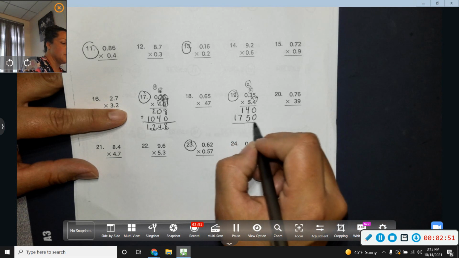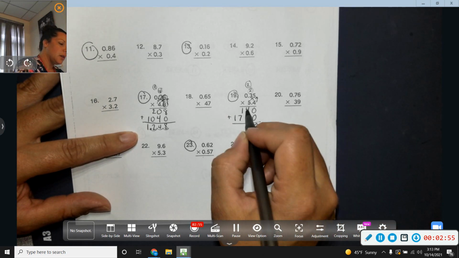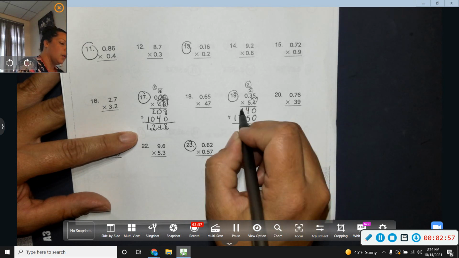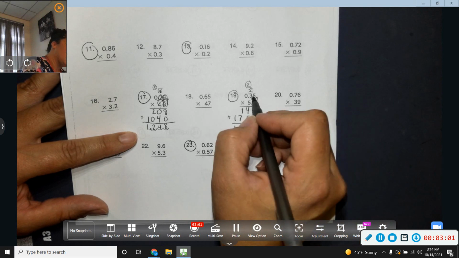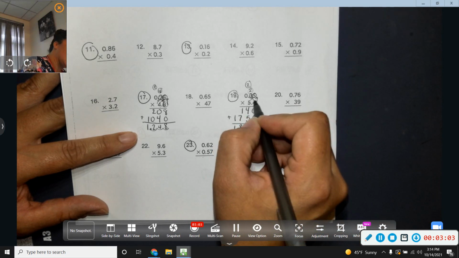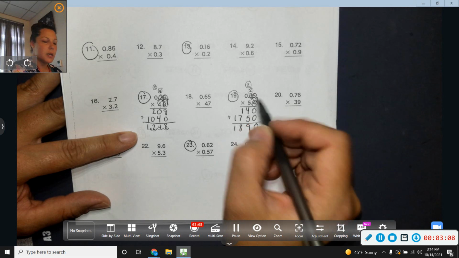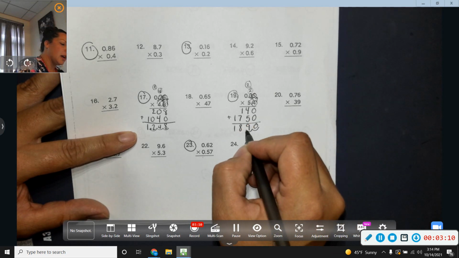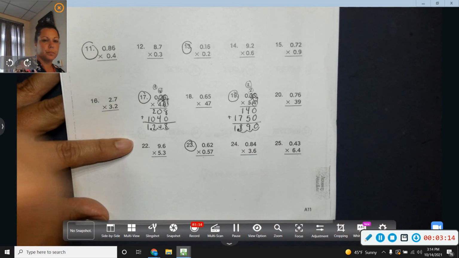Okay, I'm done multiplying. I can do my adding, zeros. 4 plus 5 is 9, 1 plus 7 is 8, and then I have a 1. How many digits are behind the decimal in the problem? There's 3 digits, and so in my answer, I have to have 3 digits behind the decimal.